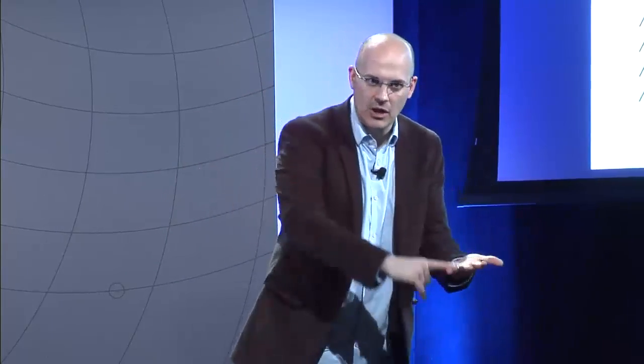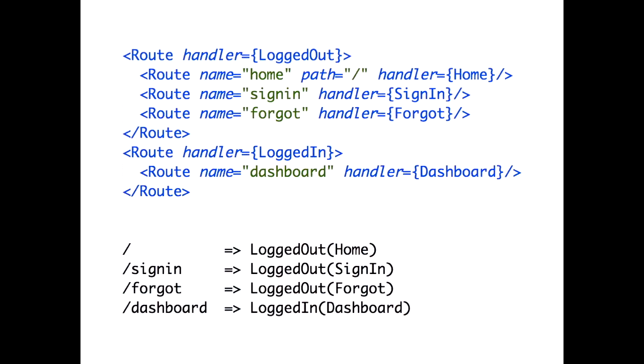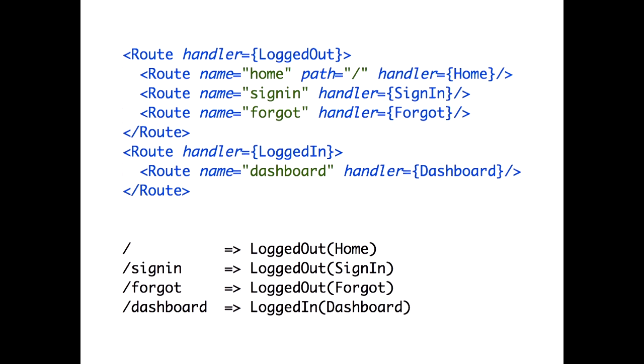I have logged out and logged in, but they both share the root of the URL. Do you get what I'm saying? Logged out can render something at the root, and logged in can also render a path at the root URL. So we decouple the idea of nested routes and nested URL segments, which is something that, having the benefit of hindsight, we were able to do because I was not able to do that with Ember's router.